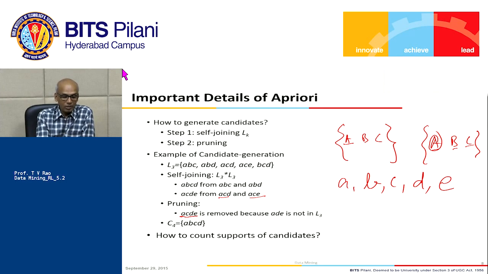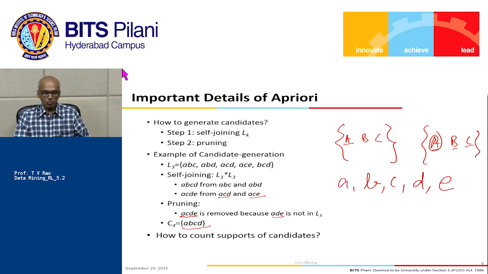We can use the Apriori principle and see that one of its subsets, ADE, is not among the frequent item sets. Since ACDE is a superset of ADE, it cannot be frequent. So we can prune it right here without scanning the database. That way, when you perform the self join and prune, we get C4, which is ABCD.